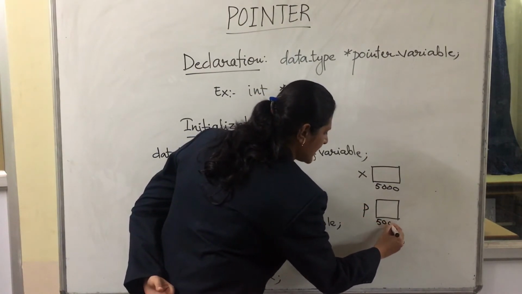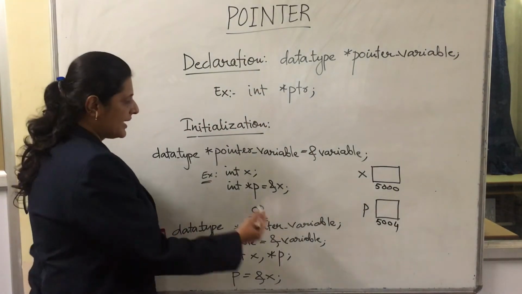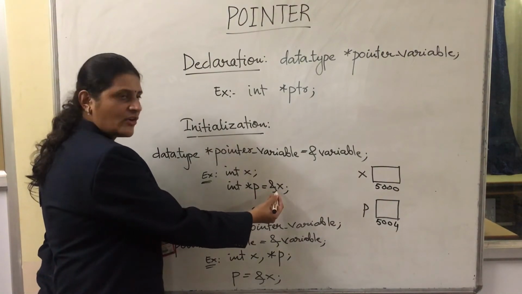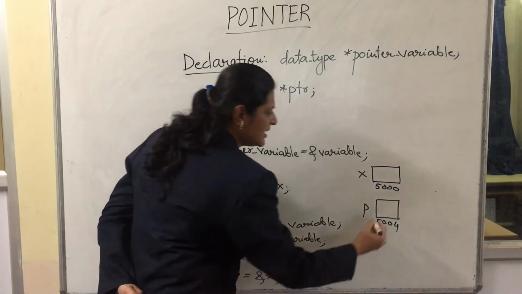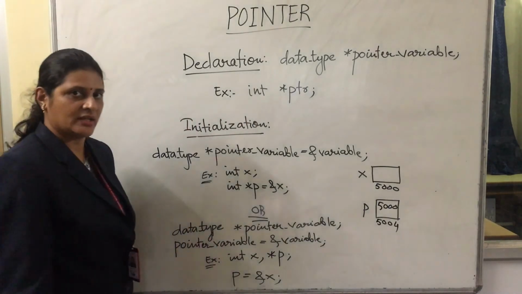I will say the address is 5004. Now what is the value of p here? p is holding the address of x. What is the address of x? The address of x was 5000. So 5000 will be the value of p here, right?